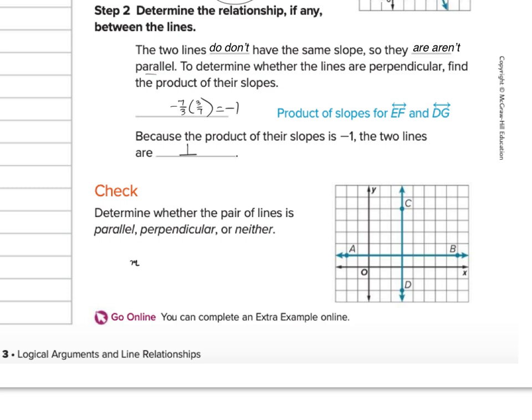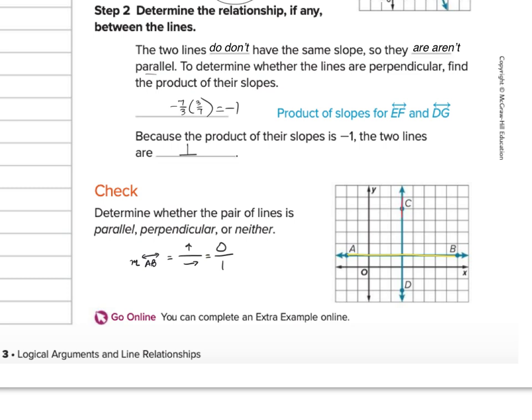So the slope of line AB is going to be, again, the rise over my run. So as I'm traveling down that line, I never go up. So my rise is 0, but my run I can just say is 1.